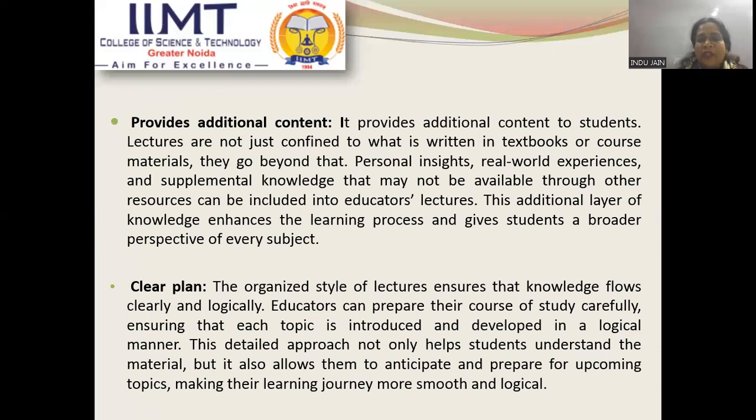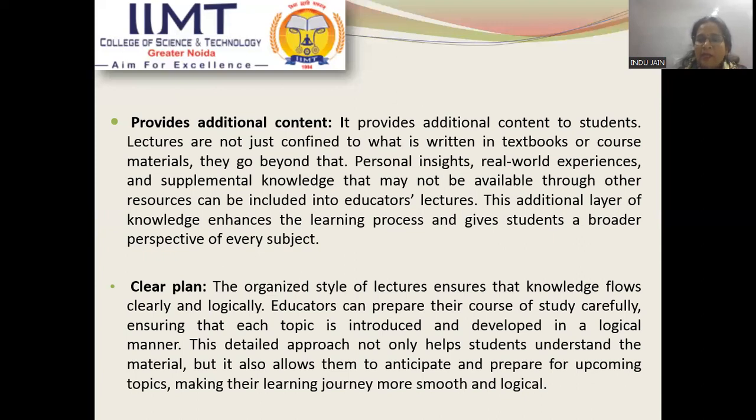Providing additional content. Lecture strategy provides additional content to students. Lectures are not just confined to what is written in the textbook or the course material. They go beyond that.